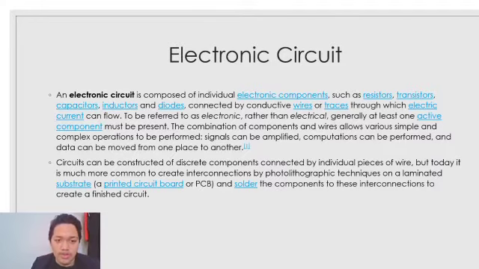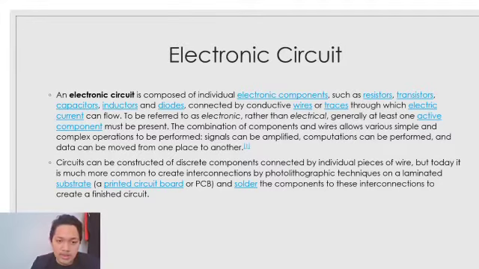To be referred to as electronic rather than electrical, generally at least one active component must be present. The combination of components and wires allows various simple and complex operations to be performed. Signals can be amplified, computation can be performed, and data can be moved from one place to another.